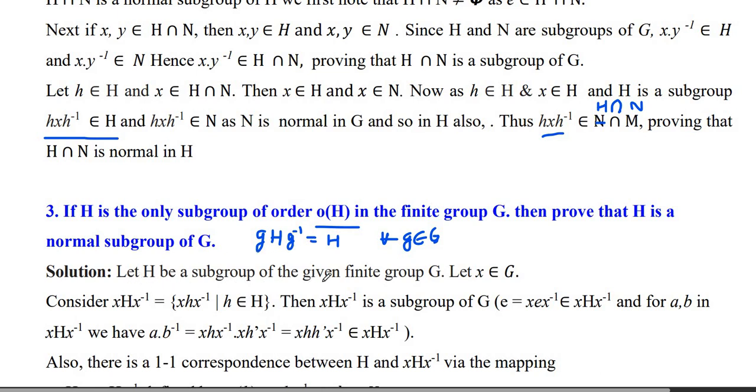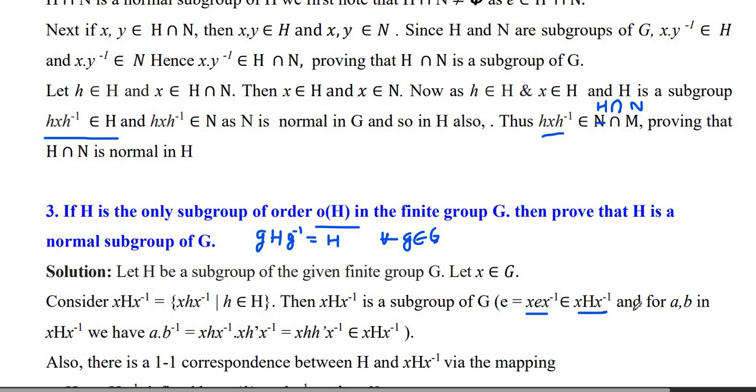So let H be a subgroup of the given finite group G, and you take an element x in G. Then you consider x H x inverse. Then you can easily prove that this x H x inverse is a subgroup of G. Now first it is non-empty because e can be rewritten in this way, because any element in this should only be of this form.